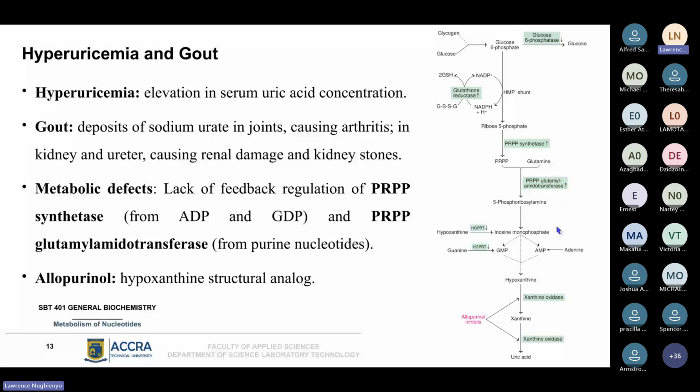And from it, you have the degradation giving us hypoxanthine. Now, from hypoxanthine to the formation of uric acid, we have the xanthine oxidase involved in the oxidation of hypoxanthine to xanthine, and then xanthine to uric acid.